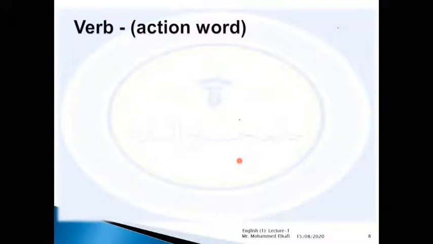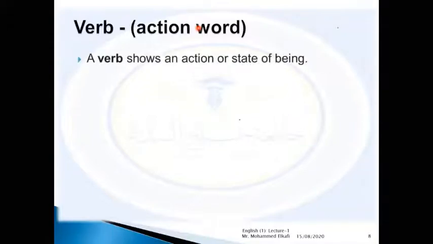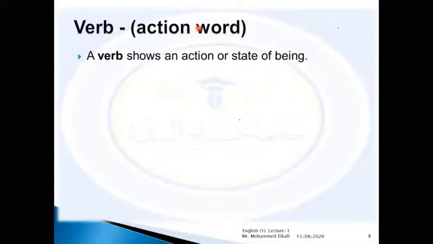What about verbs? Verb is also one of the parts of speech of English. A verb is an action word, generally. We can describe a verb by saying that a verb shows an action or state of being.